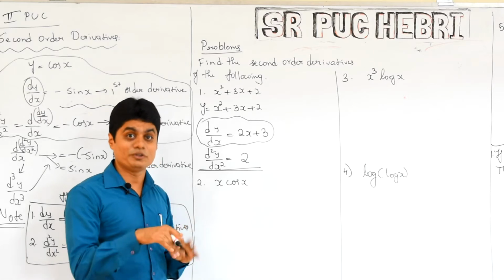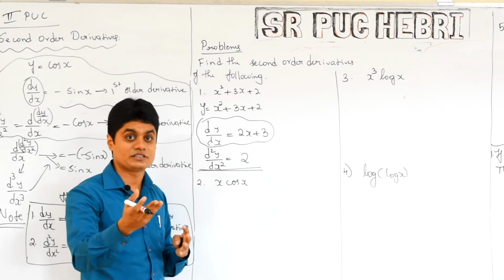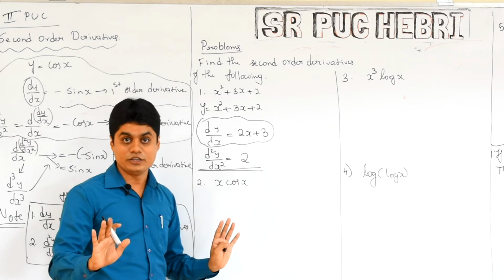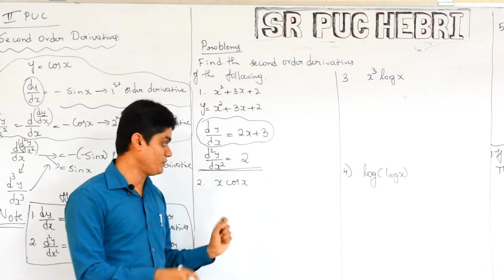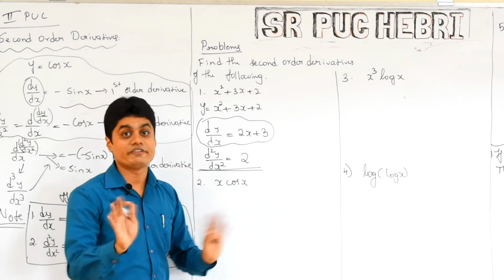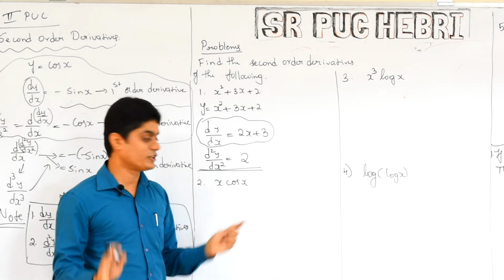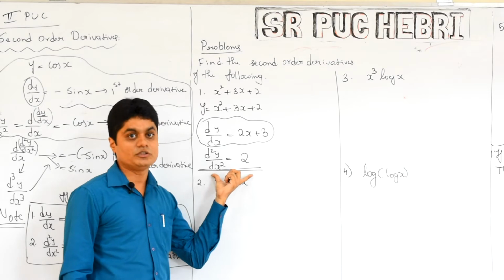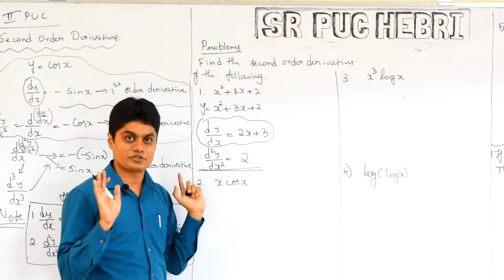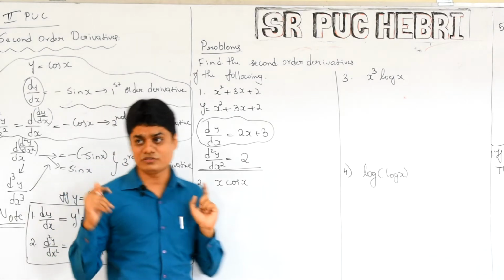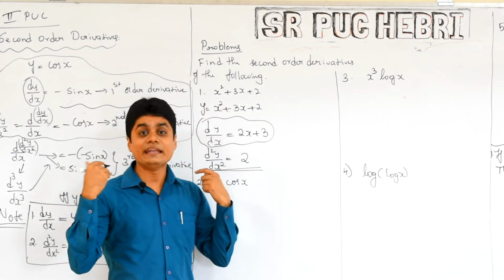After that, is it possible to differentiate a 4th time, 5th time, 6th time? Definitely no, because once 0 comes, all further answers are 0. So once you get 0 for any derivative, further derivatives are not possible. Please remember that. Here you can differentiate one more time, but the 4th order derivative is not there for these types of functions. But in the previous question, y is equal to cos x, you can differentiate any number of times.